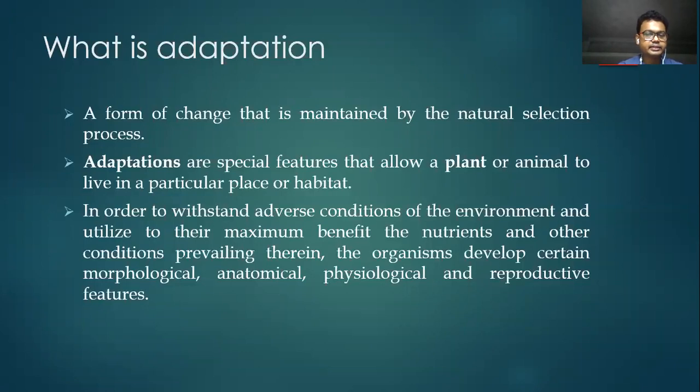By facing these adverse conditions and utilizing them to their maximum benefit for nutrient uptake and other conditions, the plant also develops some morphological, anatomical, physiological as well as reproductive characters in their life pattern, in their organization, in their body structure, to survive in the system. This is adaptation.